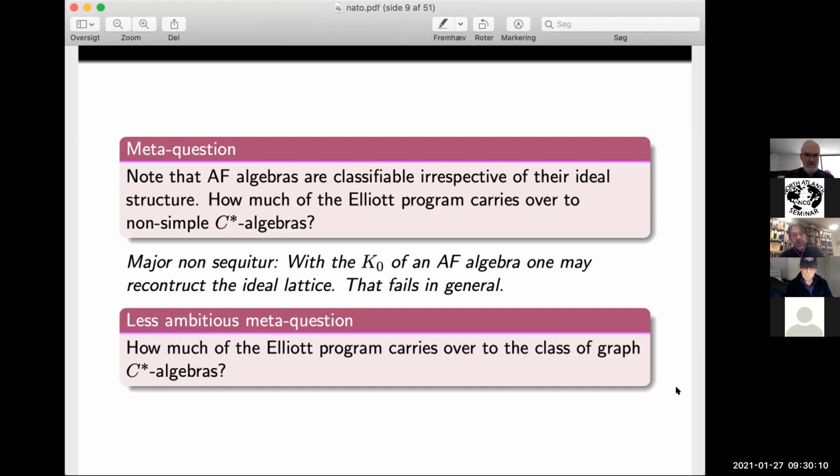So you have to wonder how you deal with this kind of mixture of C-star algebras, and I don't know how that's done, but it's a good test case to look at the graph C-star algebras. And this, I think, was the motivation for most of the people who have done classification of graph C-star algebras, is somehow to understand what are the limitations of going to the non-simple case. But it actually turns out to be useful for other purposes. And this is what I'm trying to sell here today.